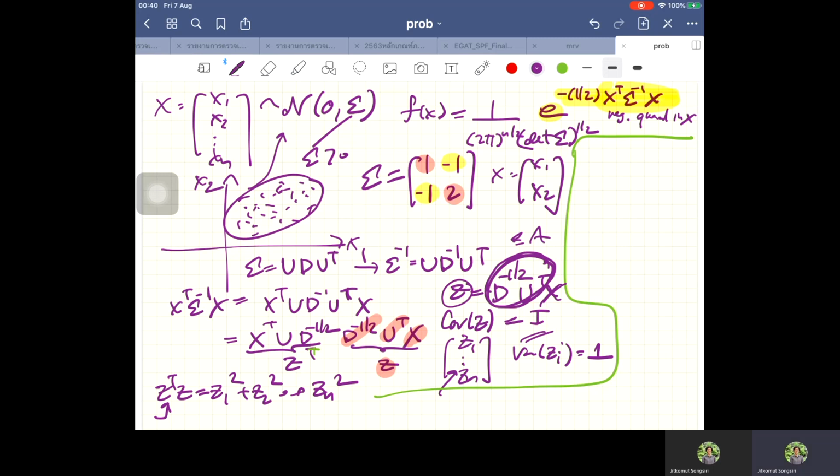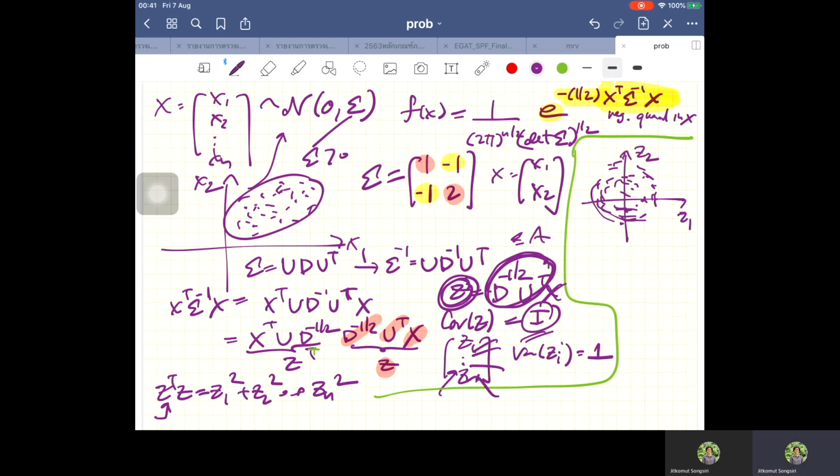But here, Z is a Gaussian that has a unit covariance matrix. Now, if you make a scatter plot of Z, it would look like a circle, because all these Zk are completely uncorrelated.